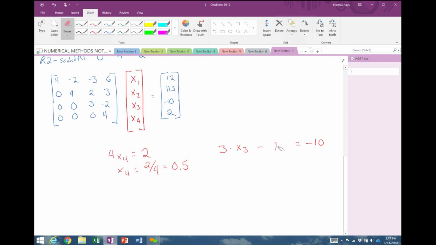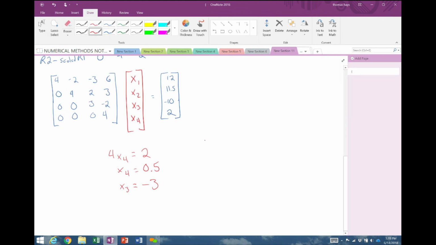Move that over, so we add a 1 there, that'd be negative 9. Negative 9 divided by 3, carrying that over. x3 equals negative 3. Collect our solution, just move it over here with its buddy. Now we know two of the answers.